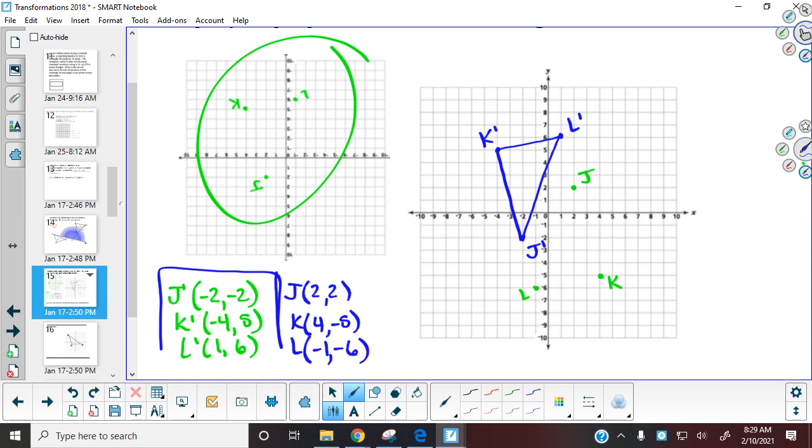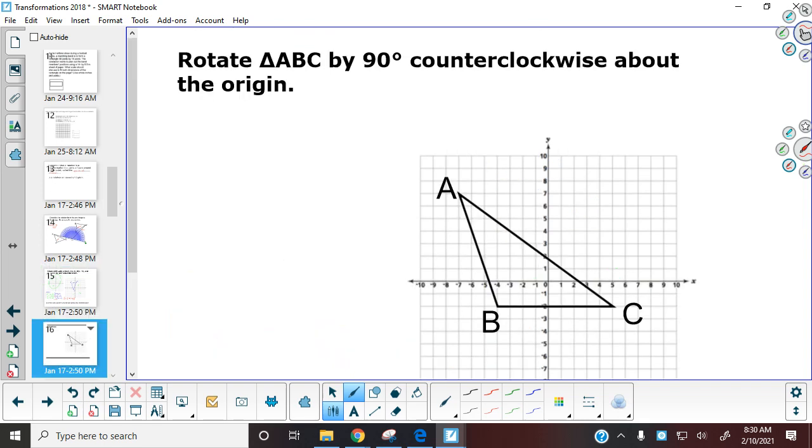So as we look at this, from here to here, what happened to your X and Y? Hopefully, you're recognizing that your original X and Y stay in the same location, but they just change signs. Same thing here to here. They should stay in the original location. They just change signs. So your X and Y goes to opposite of X, opposite of Y.